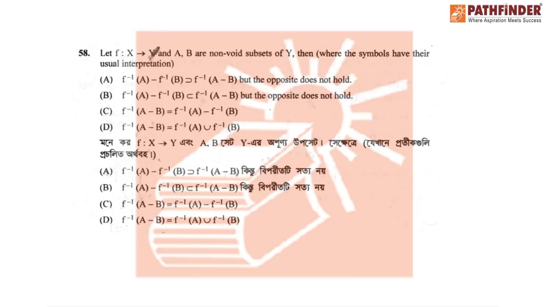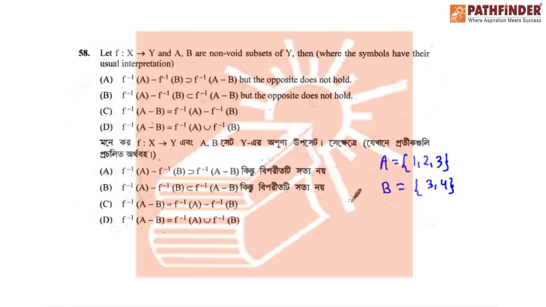Next is 58. A function f from X to Y, A and B are non-void subsets of Y, where the symbols have their usual interpretation. To understand this, let's take A equal to 1, 2, 3 and B equal to, say, 3, 4.